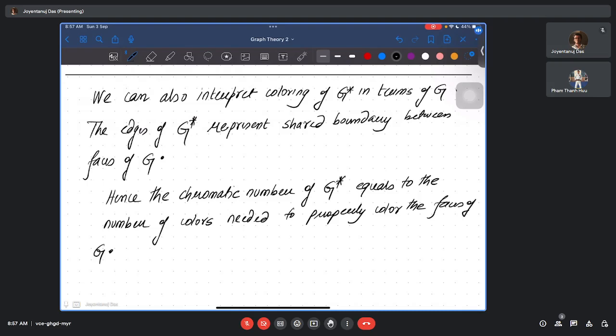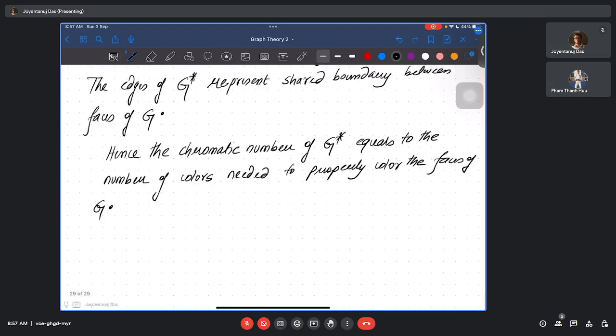So if we can properly color the faces of the graph, then we are done. The proper coloring of faces means if two faces share a boundary, we give them different colors. That is the proper coloring of a face, right?